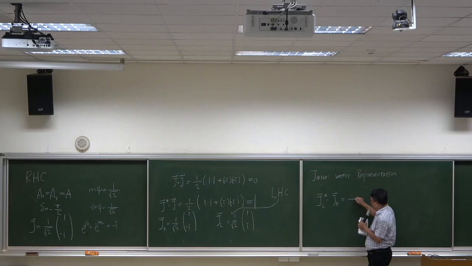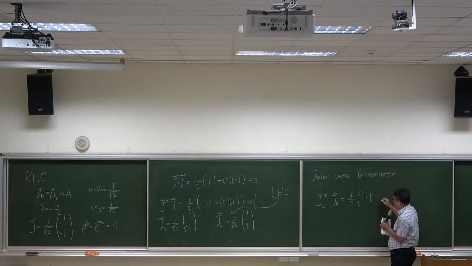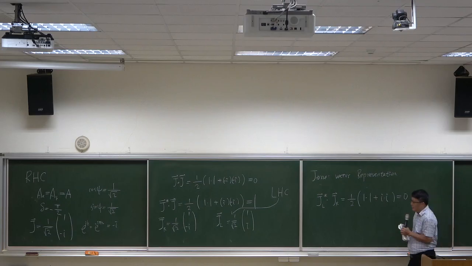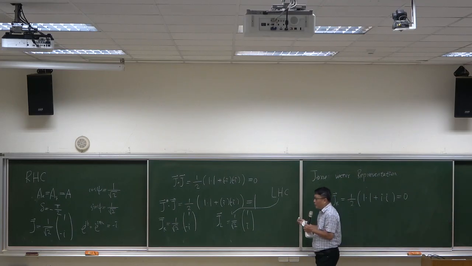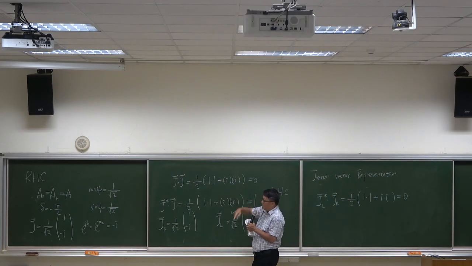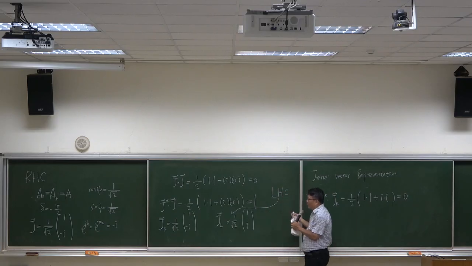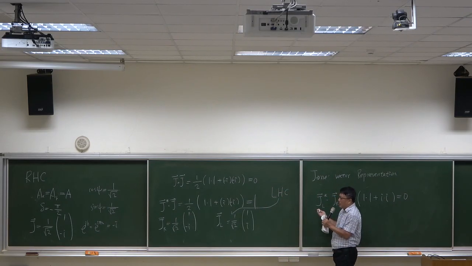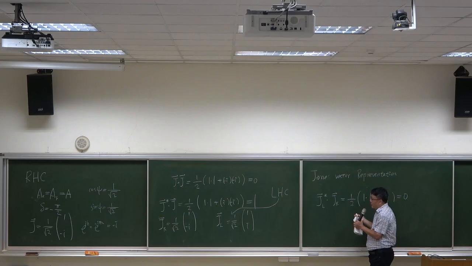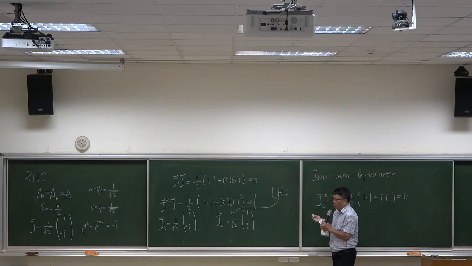This is equal to 1/2 times (1 times 1 plus i times i), which gives us 0. This is reasonable because the right-hand and left-hand circularly polarized light are not only two independent polarizations, but they are orthogonal polarizations.